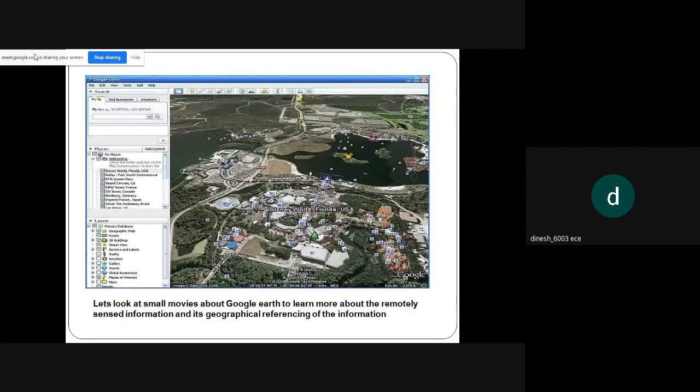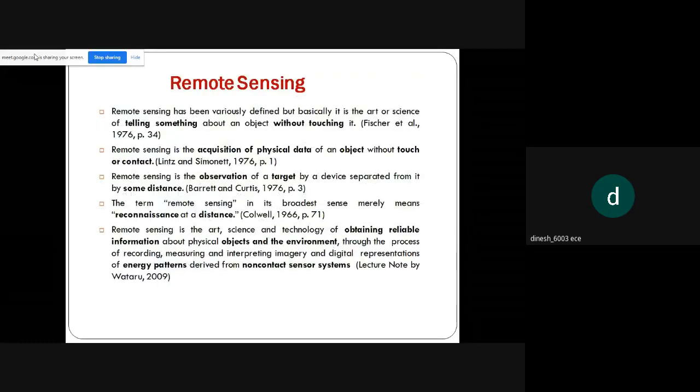Let's see. We had seen the history of remote sensing in our remote sensing topics, so I'll give you a small hint of it.